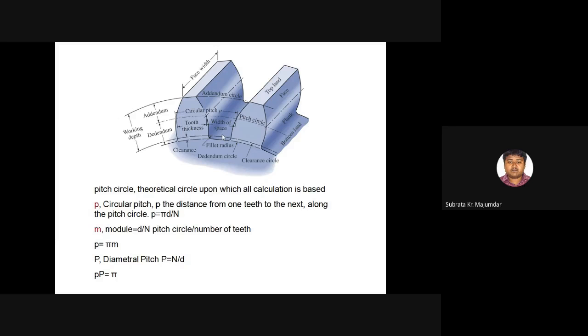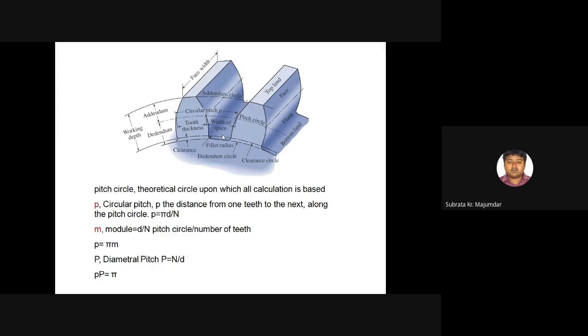The size of the gear is usually specified by the pitch circle diameter, and it is also known as the pitch diameter. Write this in your copy: another name of the pitch circle diameter is pitch diameter. If the question is what is pitch diameter, it is nothing but the pitch circle diameter.